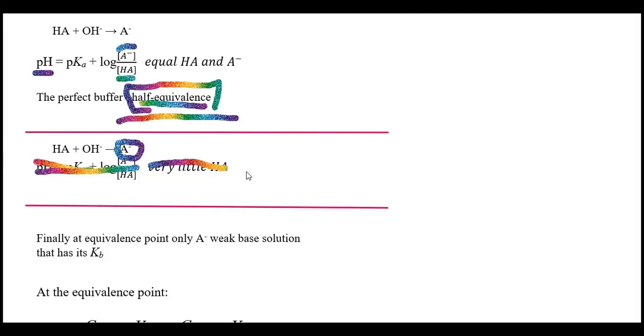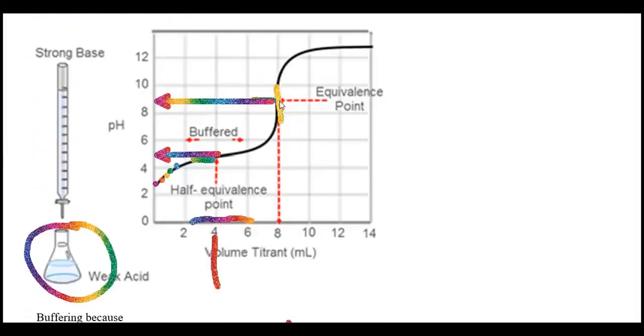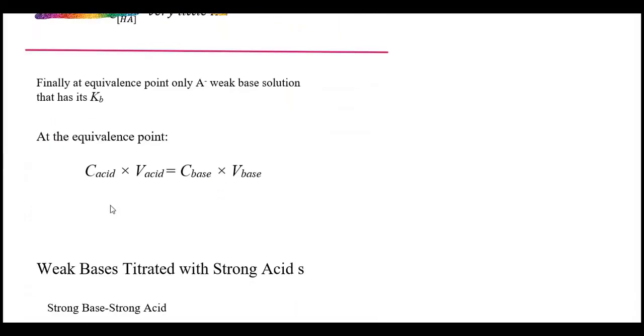So you have a mildly basic solution. Right here, you're not stuck with neutral water, but you're stuck with a mildly basic solution, having changed all the HA into its conjugate base. And as soon as you add some extra base to it, you've got hydroxides all over the place.